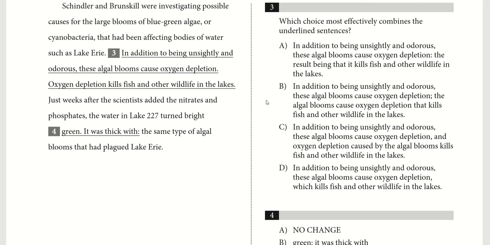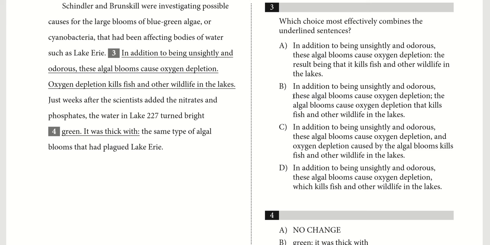What about B? B reads, in addition to being unsightly and odorous, these algal blooms cause oxygen depletion, semicolon. The algal blooms cause oxygen depletion. Okay, so when we use a semicolon, we want what comes before and after to be a complete sentence. And that is the case here. But again, it's that awkward repetition that's unnecessary.